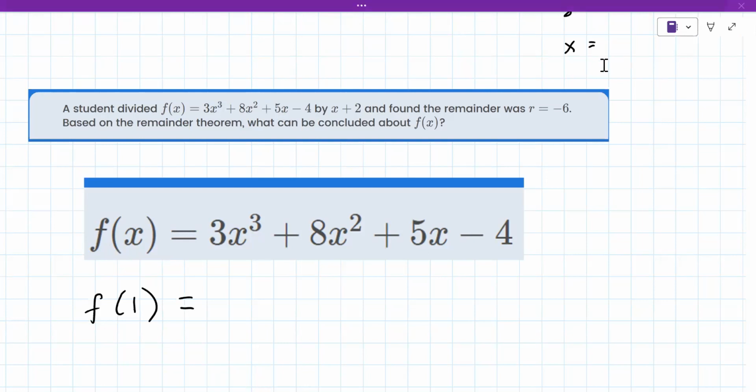You're just putting 1 in for x, and you're giving me a number at the end. So the answer for that is 20. Try again.